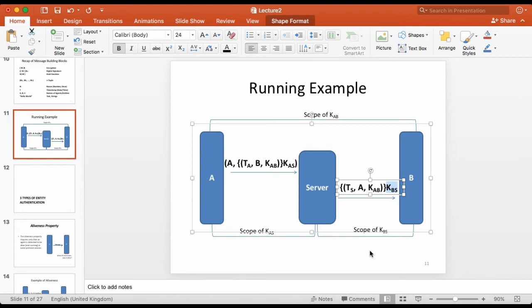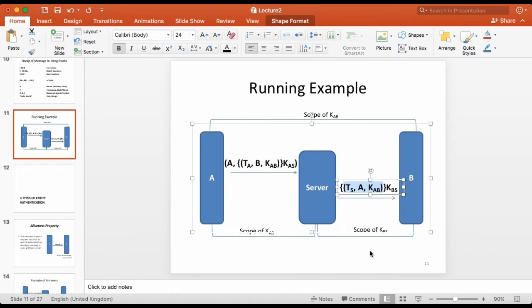When Bob receives this message from the server, he will pull out from his internal database the key that he knows he shares with the server, KBS, and use it to decrypt the message and release the internal content.